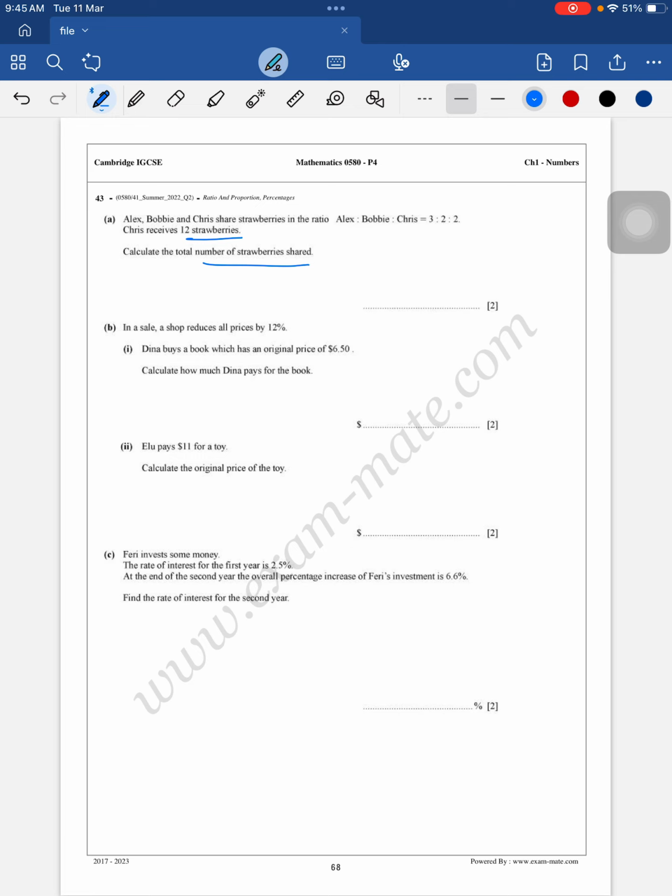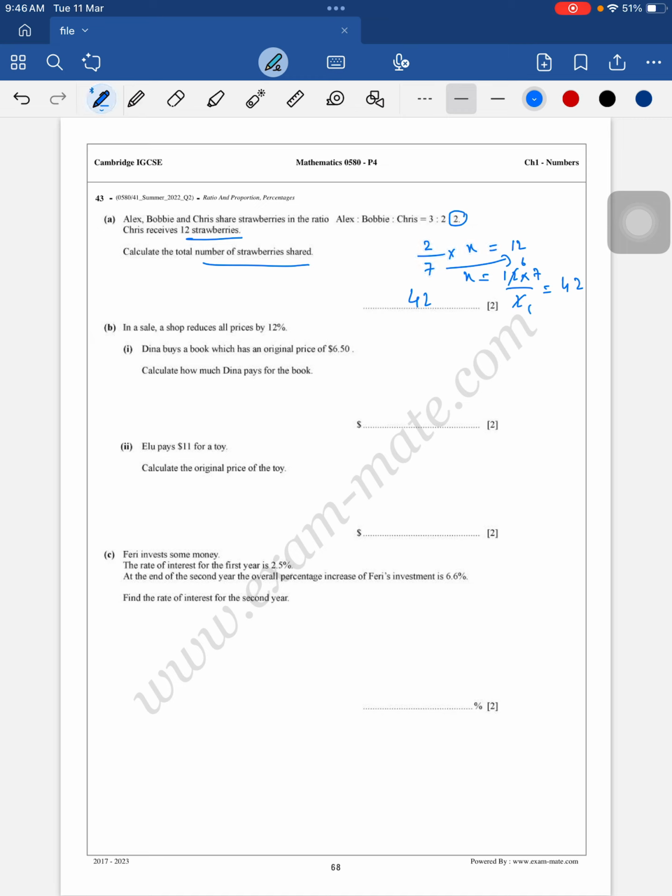The ratio for Chris is 2, and the total ratio is 3 plus 2 plus 2, 7, multiplied by x, which is the total amount. So x is equal to 12 into 7 upon 2. 2 1s are 2, 2 6s are 12, 6 7s are 42. We applied basically the reverse formula for sharing, right?